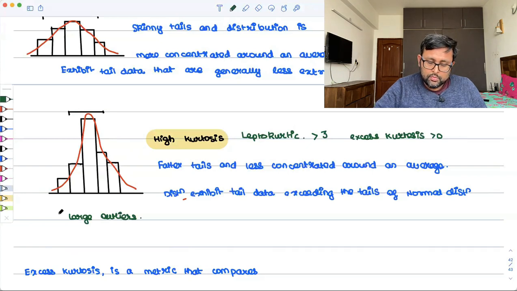And if you look at it from the point of view of finance, your leptokurtic distribution is showing that the investment could sometimes give you extreme returns. These extreme returns could be positive, they could be negative. When you have extreme returns in the investment portfolio, that kind of investment is considered risky, right?